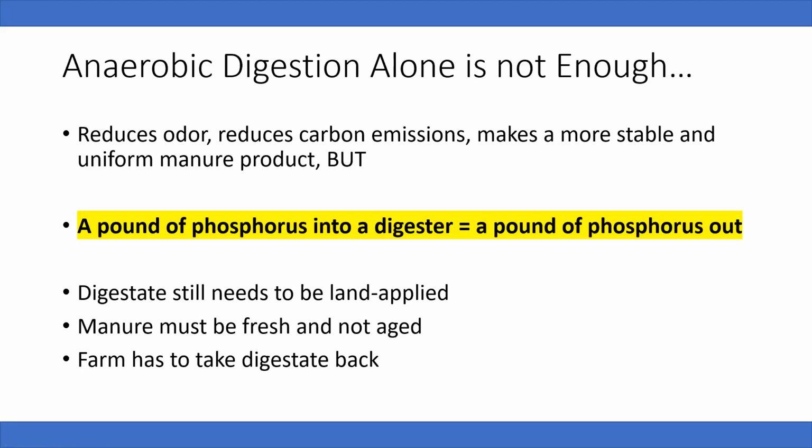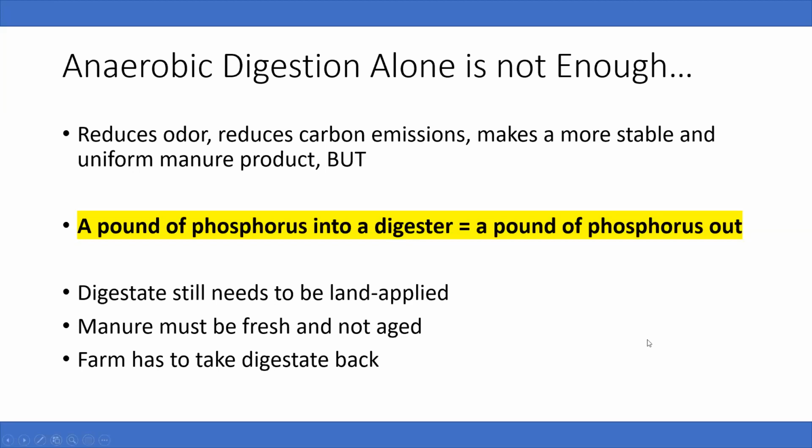So anaerobic digestion alone does capture methane and reduce carbon emissions, but we really need to focus on the nutrients. So is the company recovering the solids from the digester? And what about the nitrogen in the effluent? Because typically, anaerobic digestion is going to settle out the phosphorus in the solids, which are somewhat easier to recover, but you still have a high amount of nitrogen in that effluent, which is your limiting factor on application of that effluent.